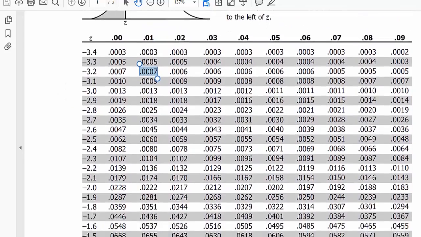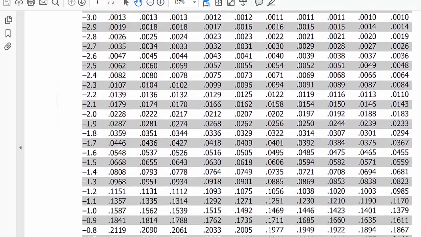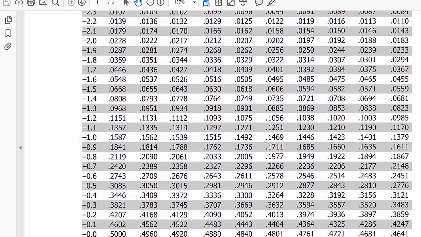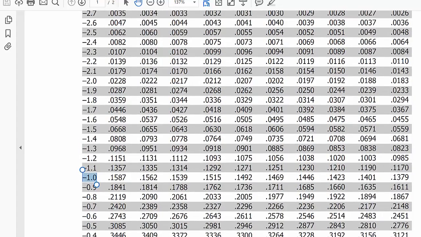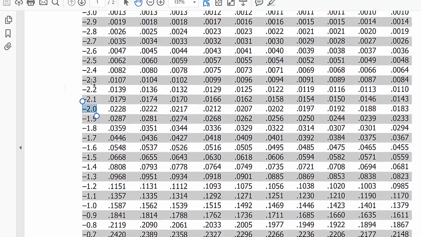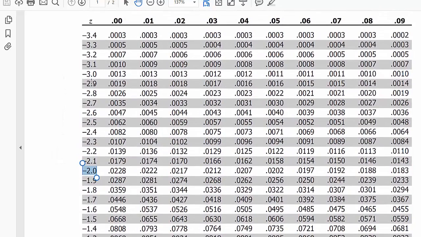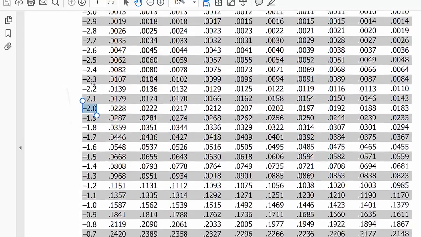Therefore, z-score indicates all these values, like negative 3.4, 2.6, and 2.0. This value, negative 1.0, is actually negative 1 sigma. This is negative 2 sigma. As you see, there are many decimal values located between negative 1.0 and negative 2.0, the same as negative 2.0 to negative 3.0 here, and then beyond negative 3.0.